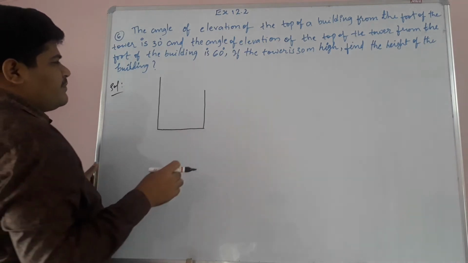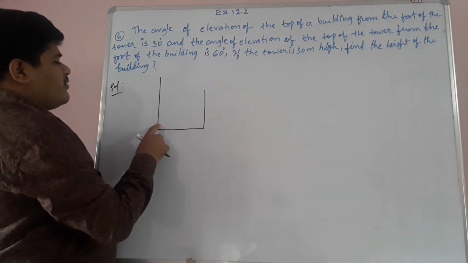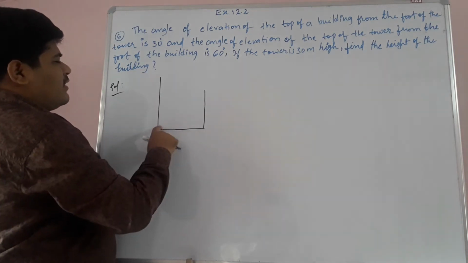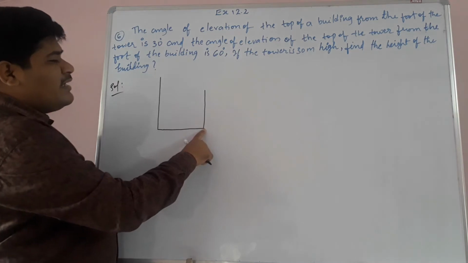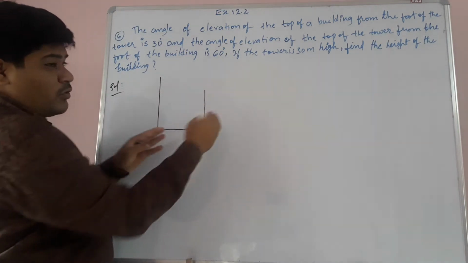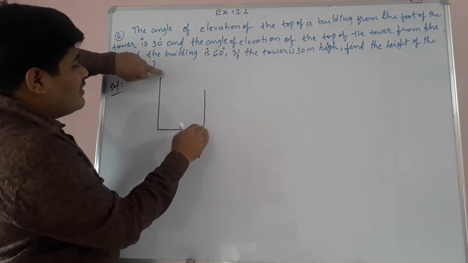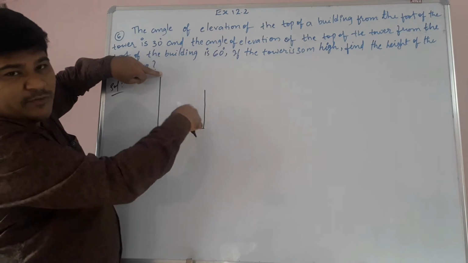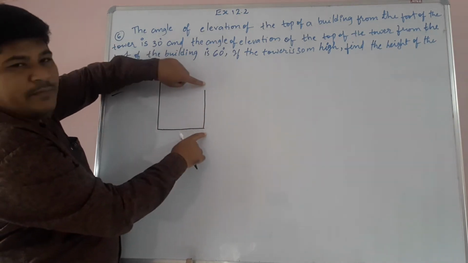From the foot of the tower, the angle of elevation of the top of the building is 30 degrees. From the foot of the building, the angle of elevation of the top of the tower is 60 degrees. This angle is more, so the top of the tower is higher. That's the reason the height of the tower is more than the height of the building.